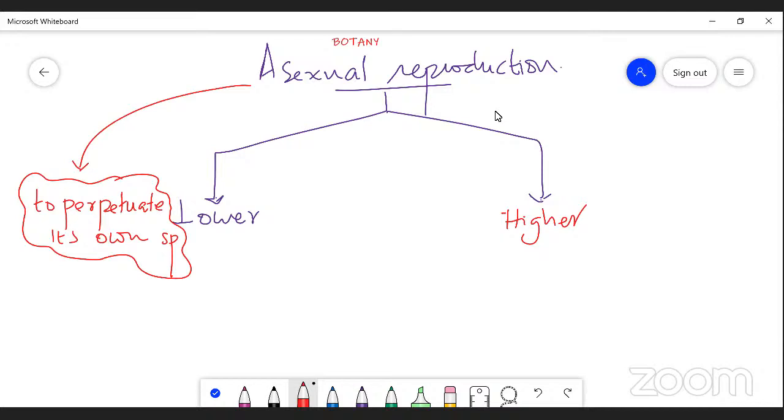Asexual reproduction takes place in different ways and methods. First of all, let me take the lower organisms.